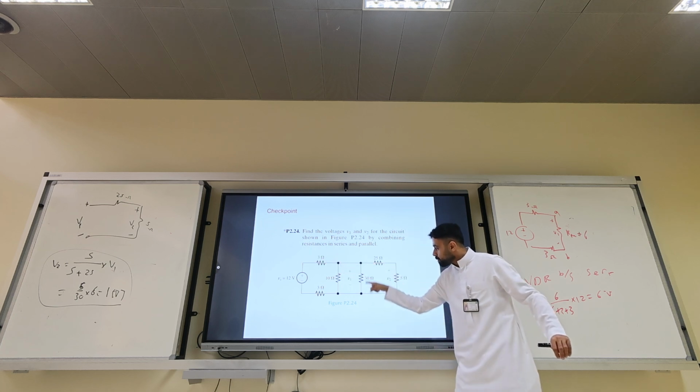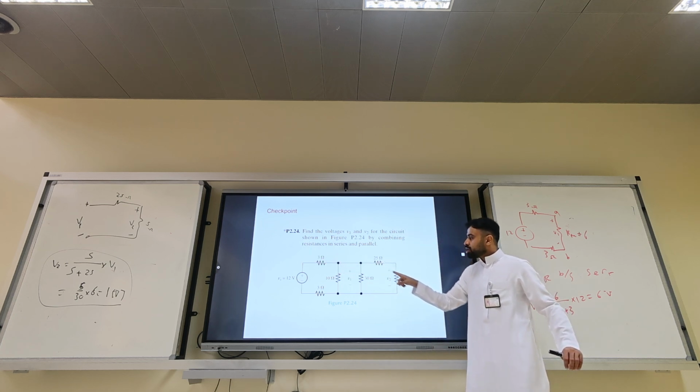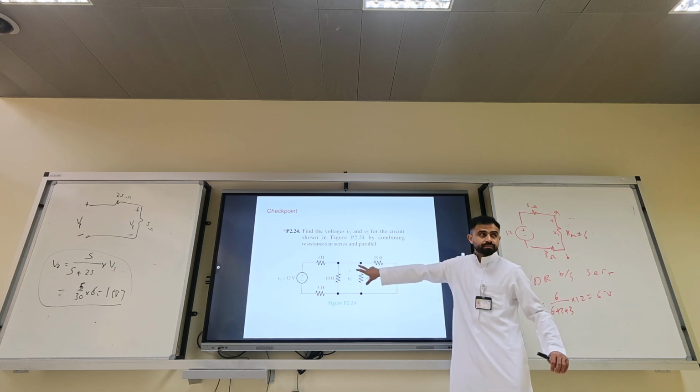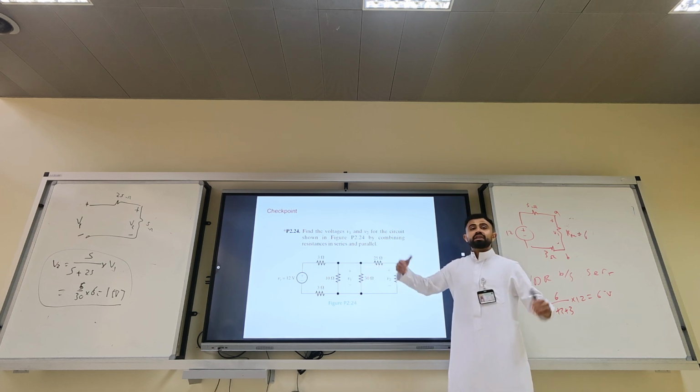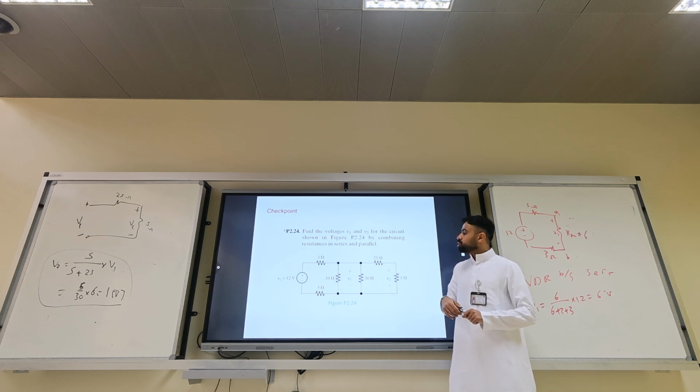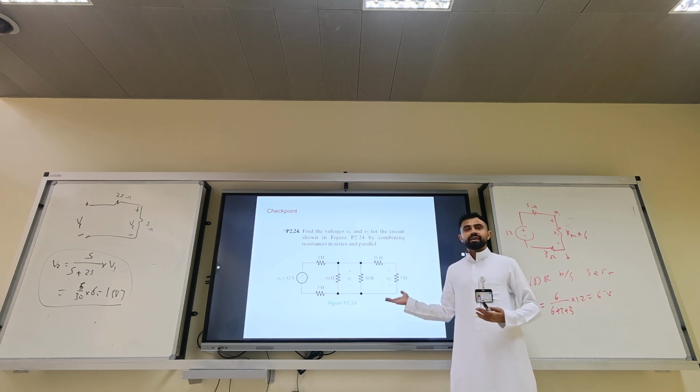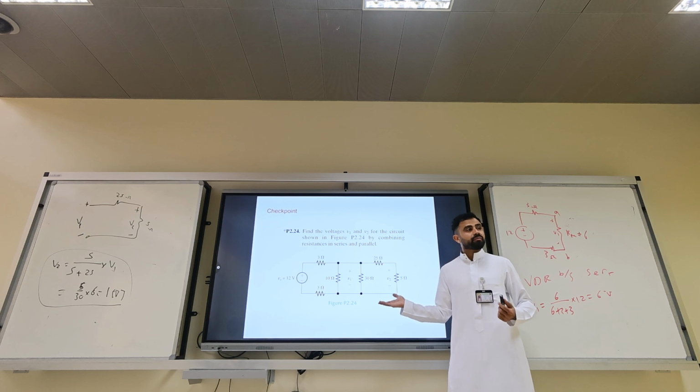As long as I know this is V1, I can apply VDR here. You can represent the whole system by V1. The alternative approach, previously, what did we do? This is V1, do KCL, do KVL. Now we saved how many minutes in the test? Probably 5 minutes. Get it?